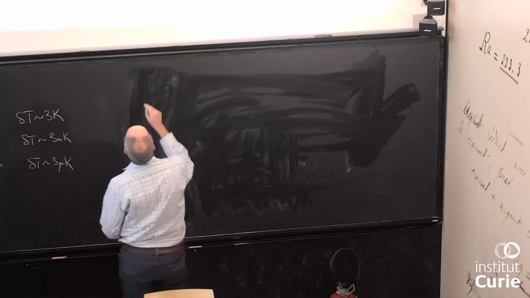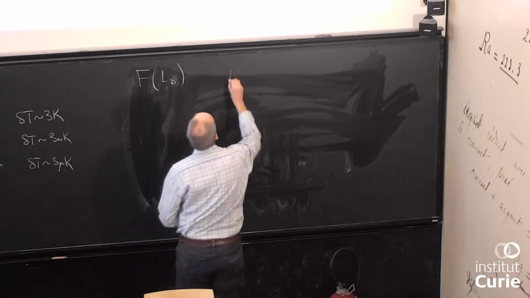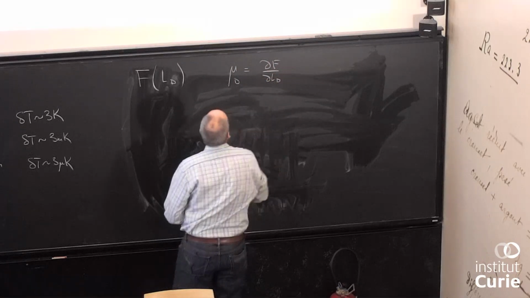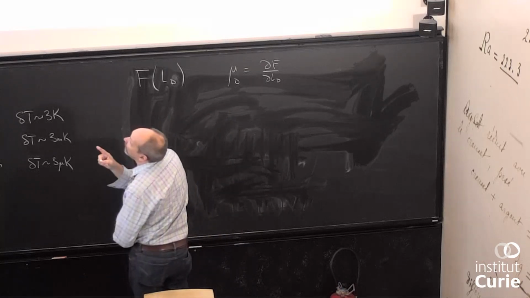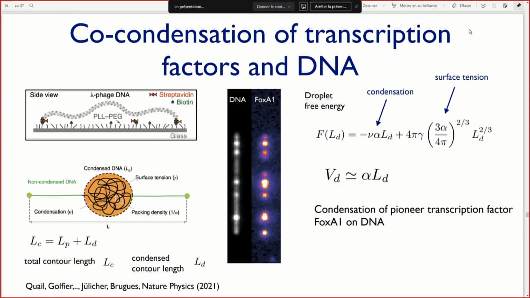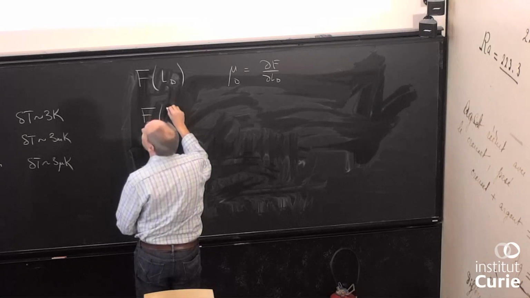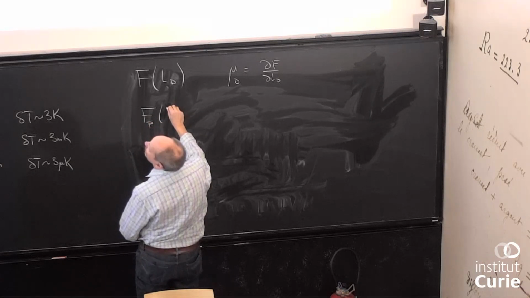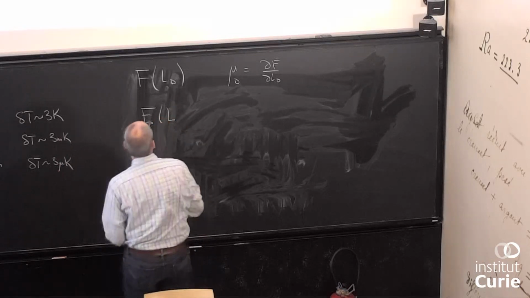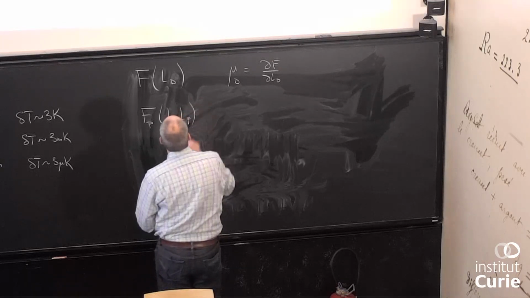So for the droplet, I have a free energy, which is a function of LD. There I can define a chemical potential, mu, which is dF/dLD. And for the strand outside the droplet, I can define F polymer, which is a function of the stretched length, I'll ignore the size of the droplet for the moment, and the contour length of the polymer inside.